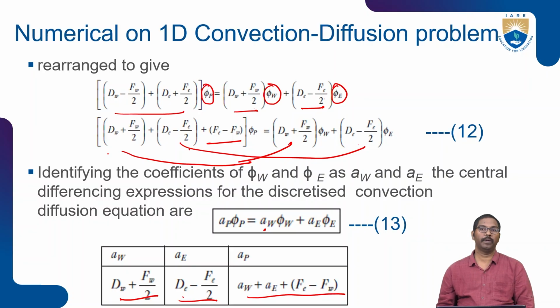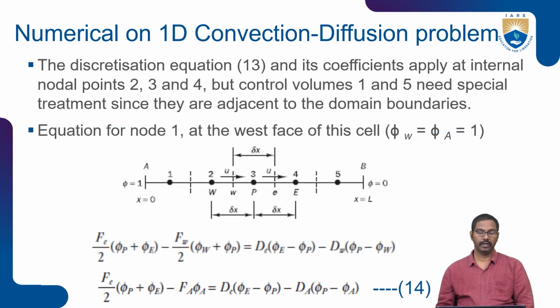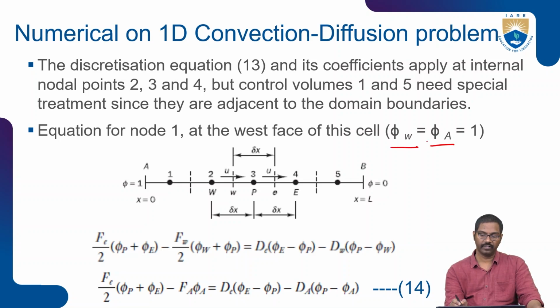Now we will try to apply it to the given problem. The discretized equation has 5 nodes, in which nodes 1 and 5 are boundary points which have to be treated separately. For node 1, there is no left element, so φA is considered as φW equal to 1.